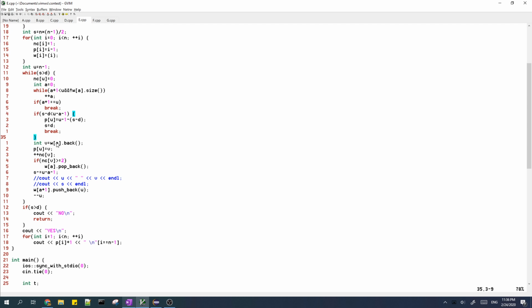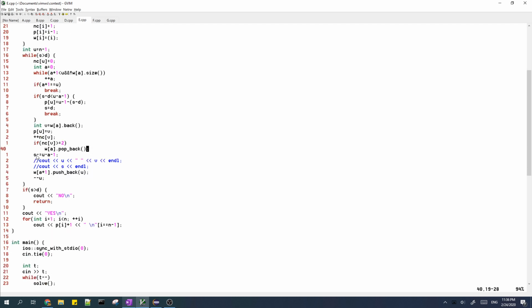Otherwise, we find one of the vertices that we can move u to. We set the parent of u equal to v, and then we increase the number of children of v. And then since it's a binary tree, if we have 2 children, then we just remove it from the list, so then we won't choose it anymore.